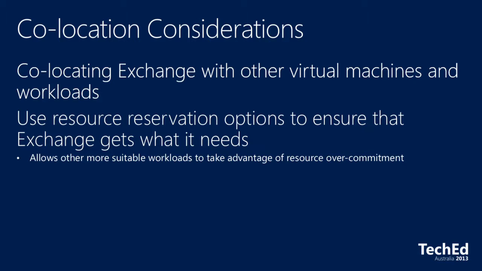And they might crank them down. And then Exchange comes along and you introduce another couple of hundred mailboxes with features enabled, and all of a sudden it's really struggling to deliver good performance, or they move it to a host which has got different types of CPUs on it. There's a number of scenarios that you need to account for. Resource allocation is a good way to get some lock-in around that.